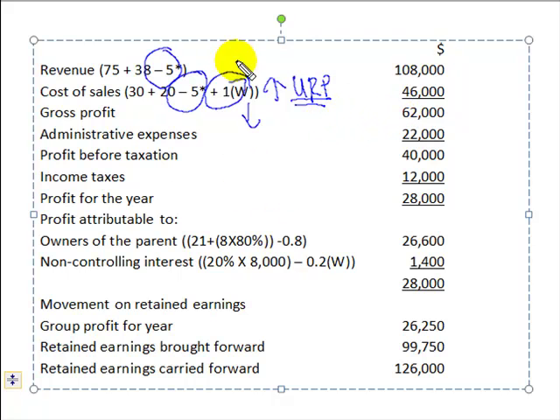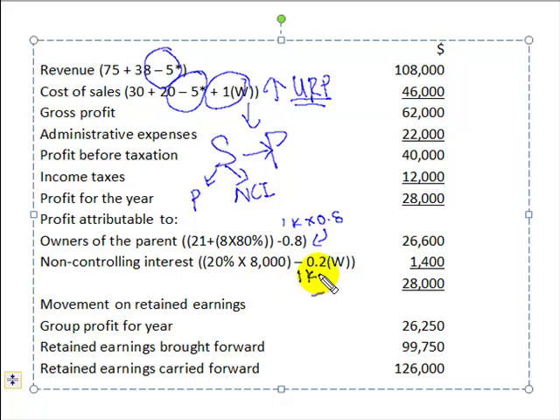Then the second step. In this question, this is S selling to P, meaning the subsidiary sells to the parent company. So in the subsidiary, you have two parties: the parent company and the NCI. The parent company holds 80%, NCI holds 20%. So when you calculate the profit attributable, you also have to minus unrealized profit. Since the parent company holds only 80%, you have 1,000 times 0.8, and 1,000 times 0.2, so you get 200.